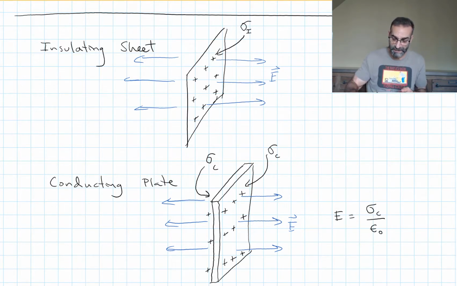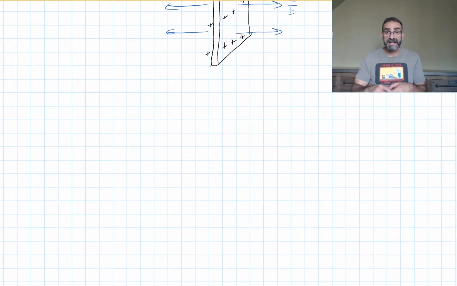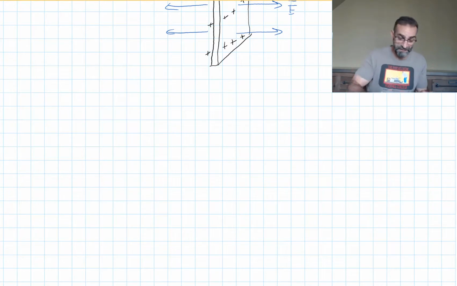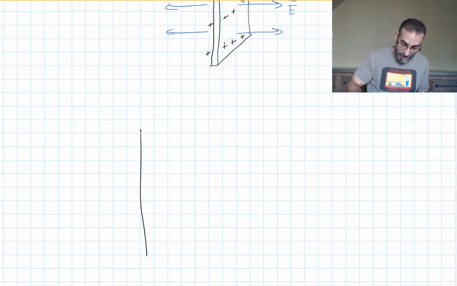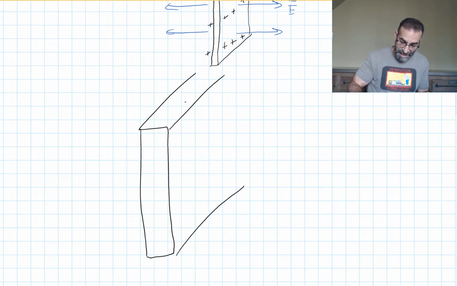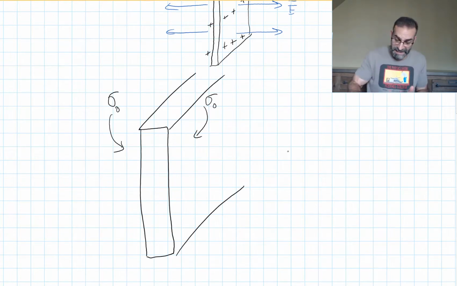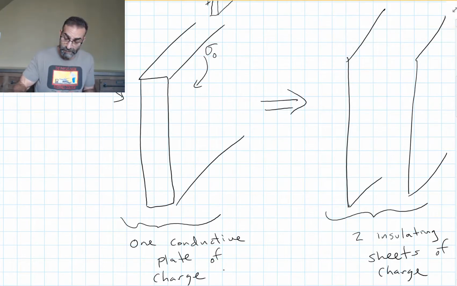Now, another thing that we can do with conductive plates, if we know how the charge splits, we can treat them as two insulating plates. It's the same thing. So if I have a conductive plate here, and I know that I have a certain sigma, sigma naught, on each side of that plate, that's equivalent to 2 insulating plates where the charge density on each of these sheets is sigma naught.